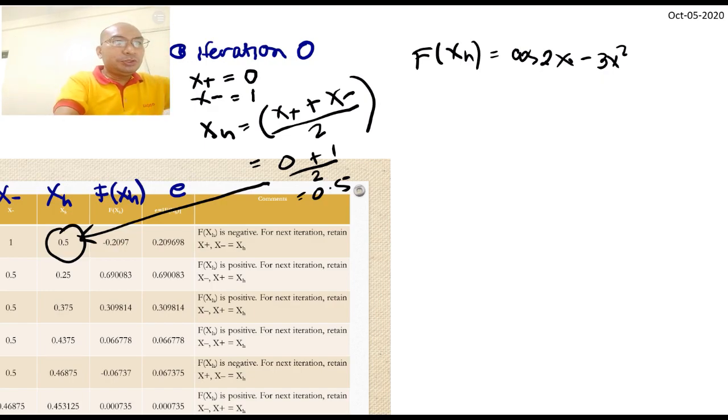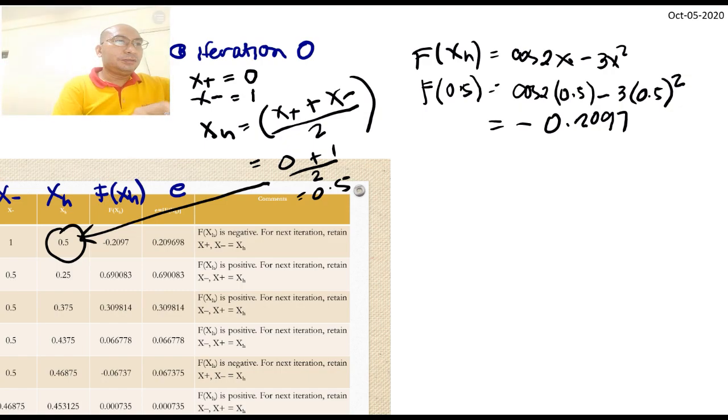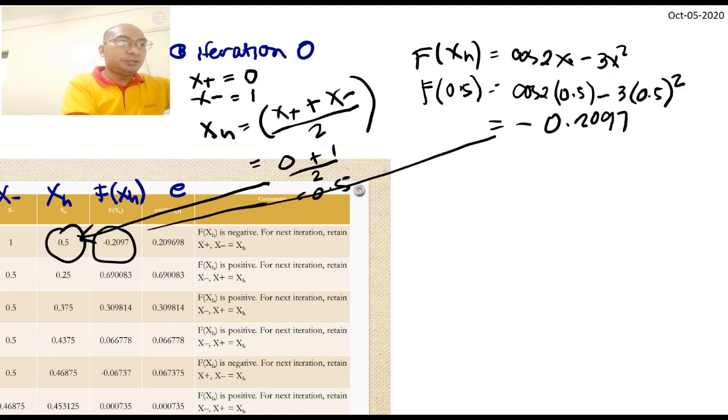So we will substitute the value of 0.5: cosine of 2 times 0.5 minus 3 times 0.5 quantity squared. That will give us negative 0.2097. So this is the value of the function at x sub h.